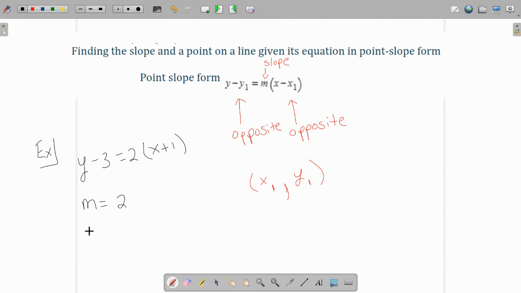And then your point is, you start with the x. Remember, x is always first. You do the opposite of positive 1, which is -1. So always do the opposite. And the opposite of minus 3 is positive 3. So -1, 3. That's what we're going to be looking at next.